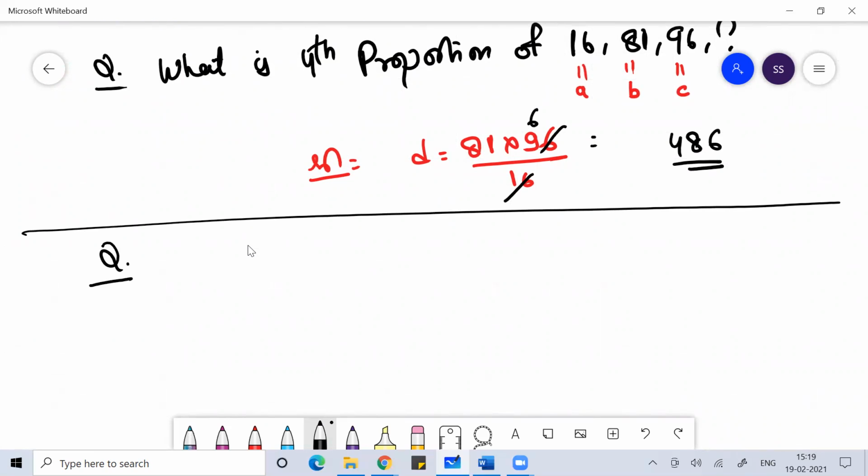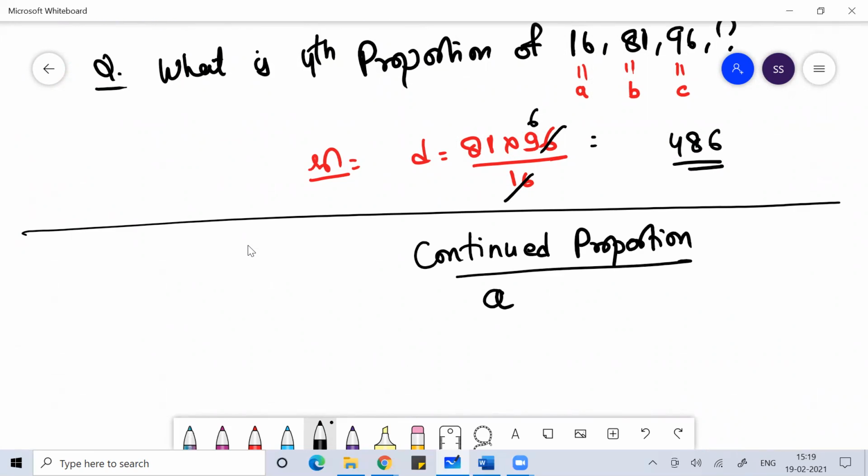Going further, you understood the concept of proportion where we make two ratios equal. In proportion we have something called continued proportion. Continued proportion basically means if I write A by B equal to B by C equal to C by D equal to D by E, like this.